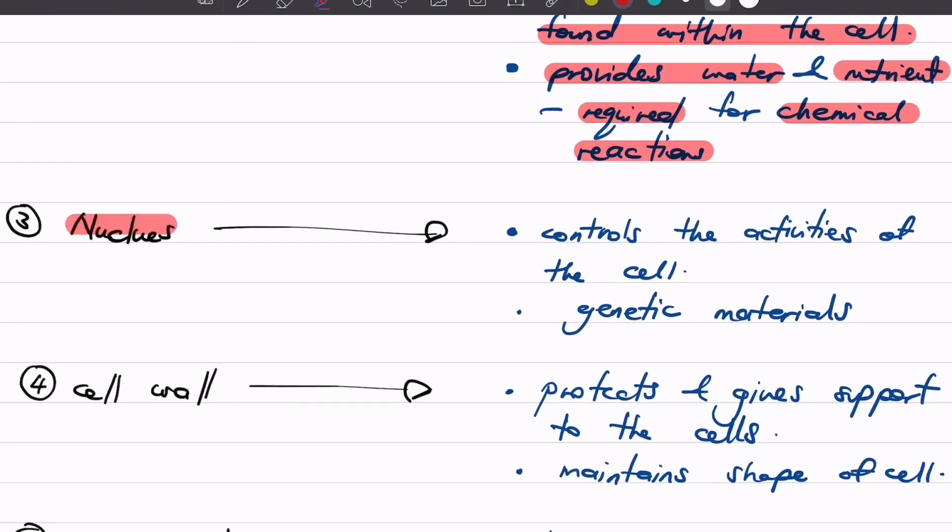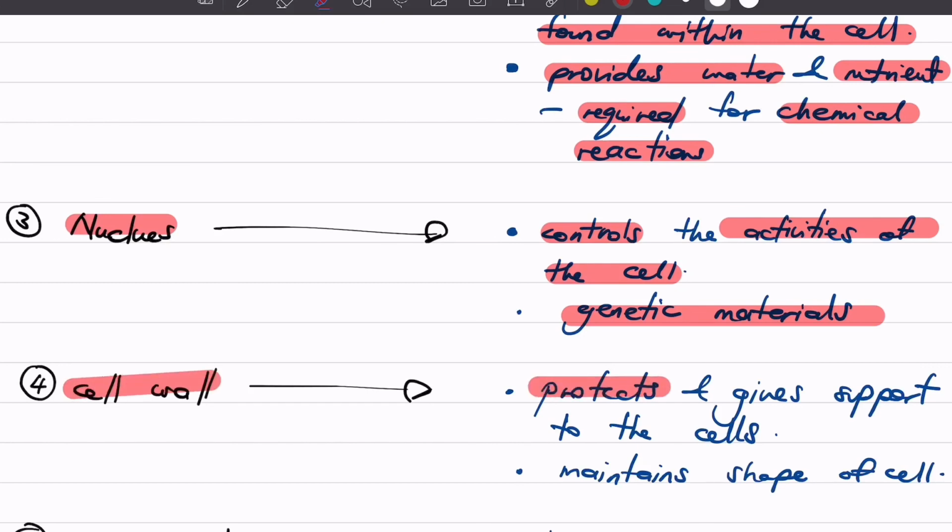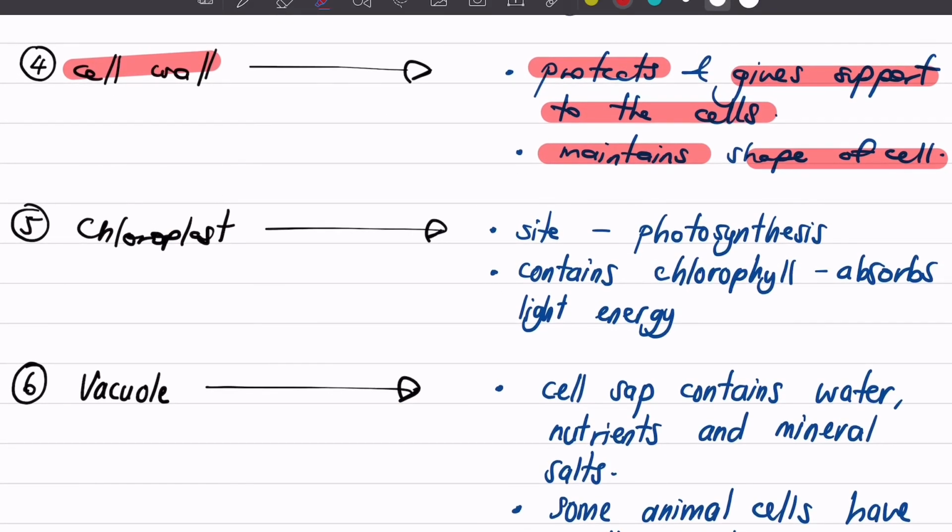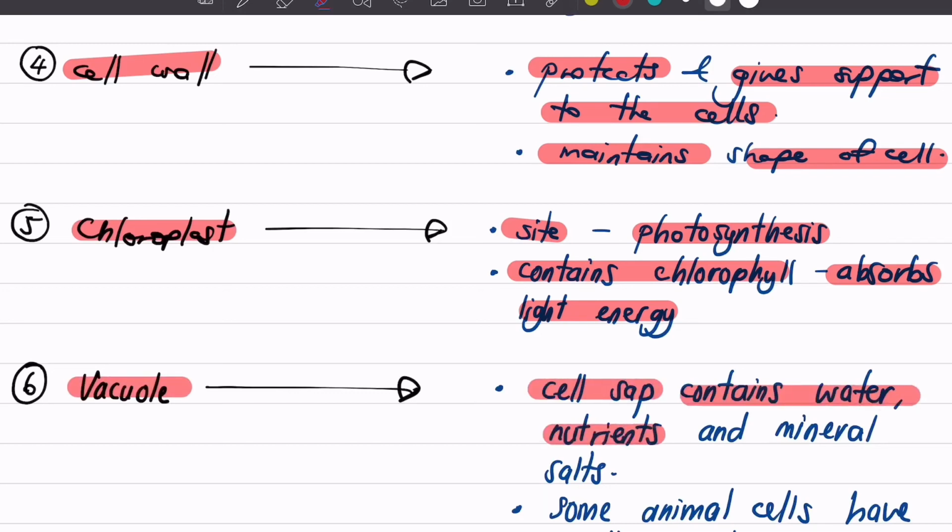The next one, the nucleus, controls the activities of the cell and contains genetic materials. Number 4 is the cell wall. It protects and gives support to the cells and maintains the shape of the cell. Number 5 is the chloroplast. It is the site for photosynthesis and contains chlorophyll which absorbs light energy from the sun to make food. The last one is the vacuole. The cell sap contains water, nutrients and mineral salts. Only some animal cells have small vacuoles.